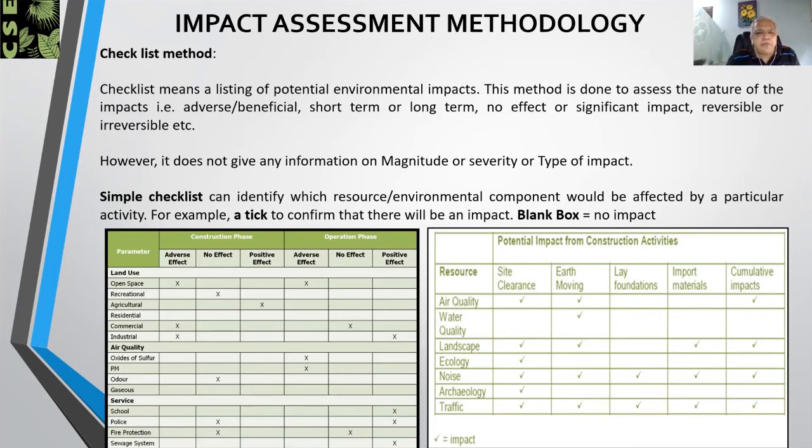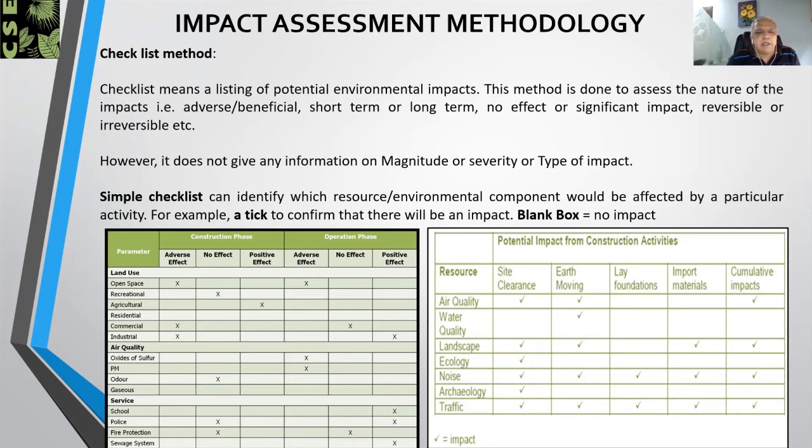In a very simple checklist, we only mark the box with a cross or a tick mark based upon the judgment we have for that particular project.